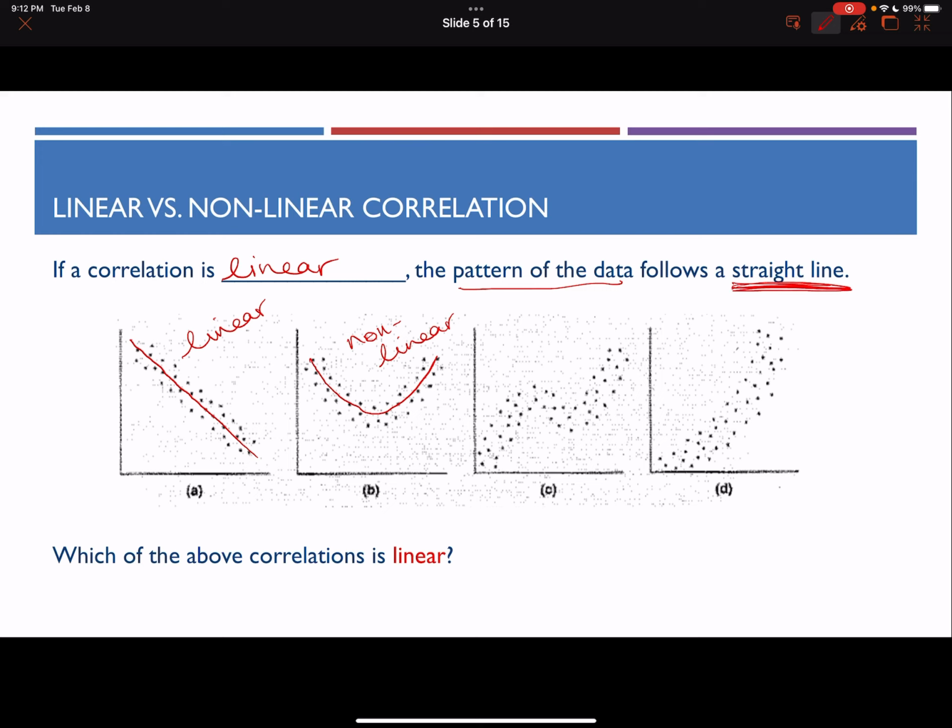Again, letter C, if I draw a line through the center of the points, it has that curved shape, so it's nonlinear. And then in D, again, find where's the middle of the points. Where's the pattern going? It's going up like that. And again, it's nonlinear. So the only one here that's linear is letter A.